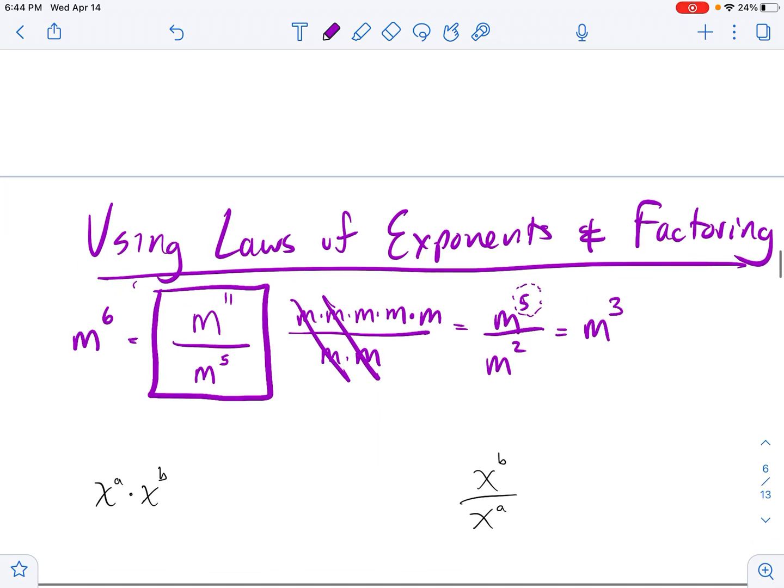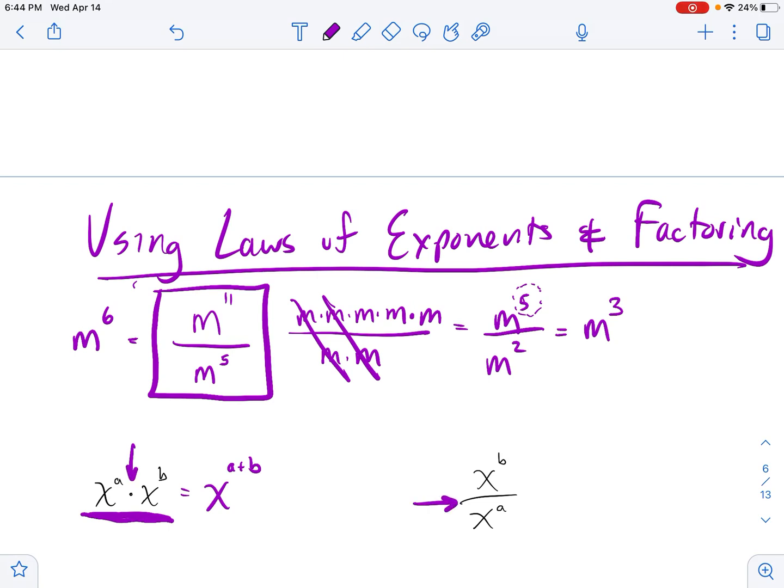And so what this is, it's building off of our knowledge of the laws of exponents, which is x to the a, times x to the b is going to equal x to the a plus b. So that means if we're undoing that, rather than using multiplication, if we use division, then x to the b over x to the a is going to equal x to the b minus a.